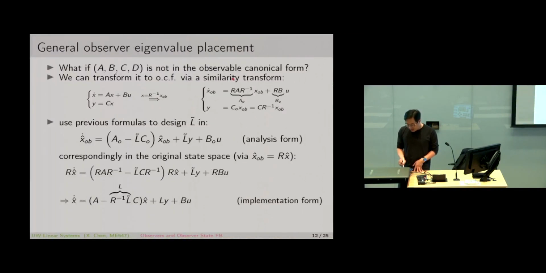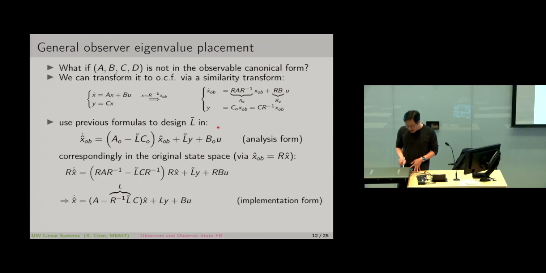Then this is in observable canonical form, so we can use the previous formula on it. Let's focus on this new state equation and use the previous formula to estimate this x sub OB, which we call x hat OB.